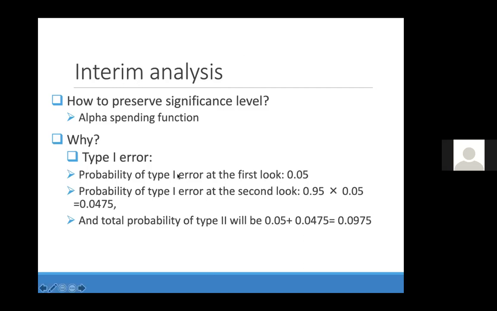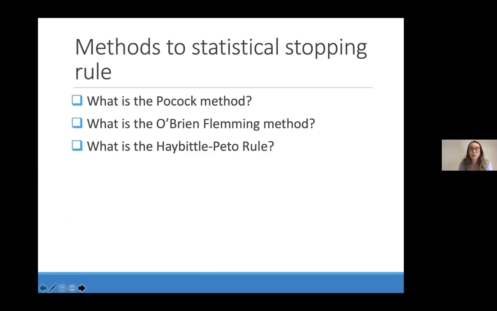Okay. So for alpha spending functions, we have different methods, right? Don't worry too much about these methods, like how to calculate and how to do things. Try just to understand the reasoning behind these methods, right? I think that's enough for now, and we can talk more about it a bit later.